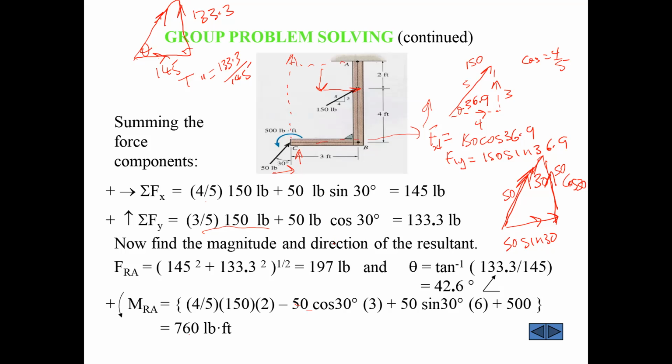Let's just check that. So in this case, you couldn't use FRY, you'd have to have FRX, seeing that the frame is vertical. Or could you use it?